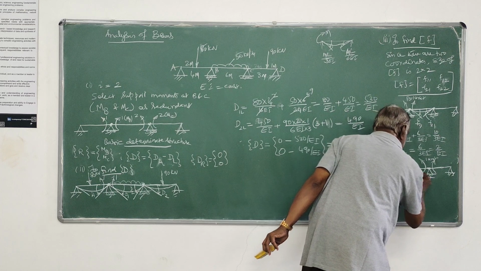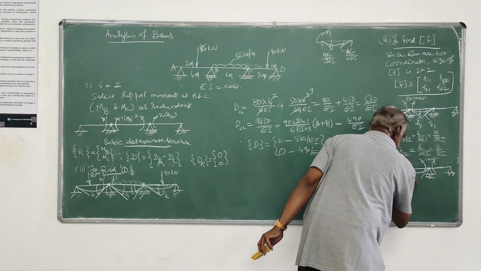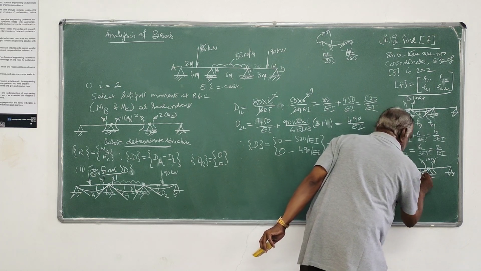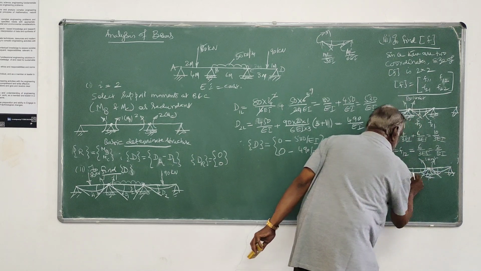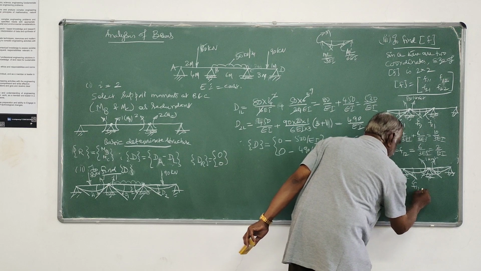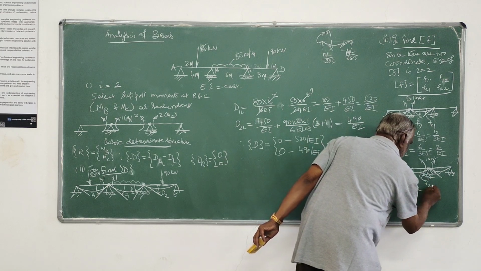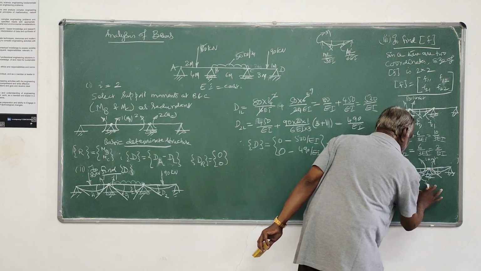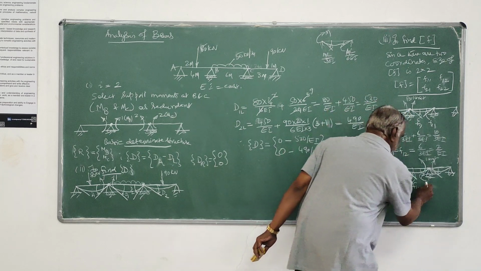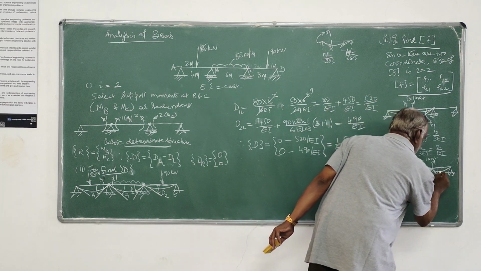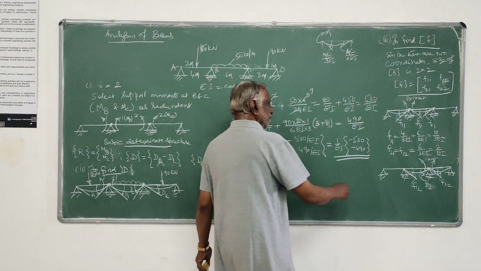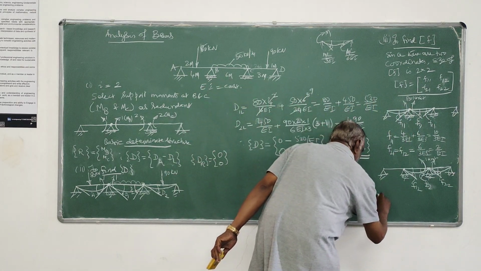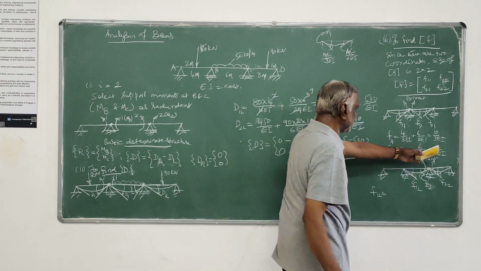Because of this, the displacement in the structure will be like this. So this will be F12, this will be F22, this will be F22, this also F22. So therefore you can work out F12, which I have already written here.